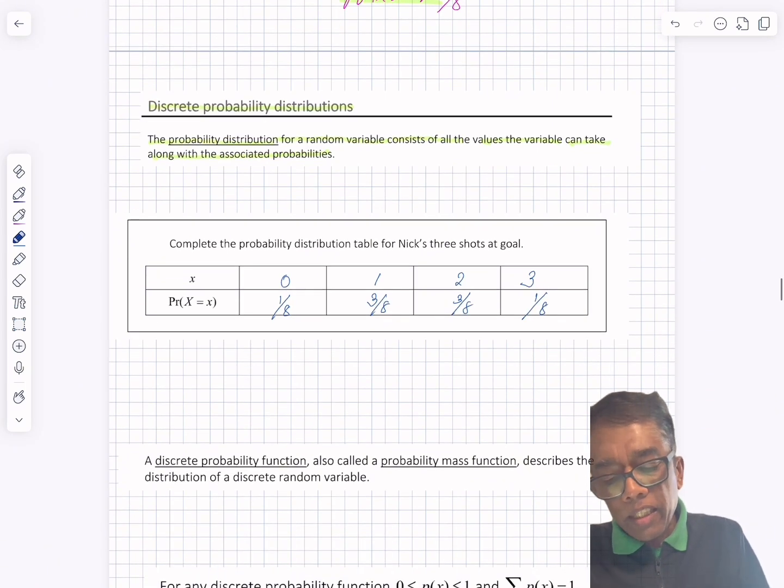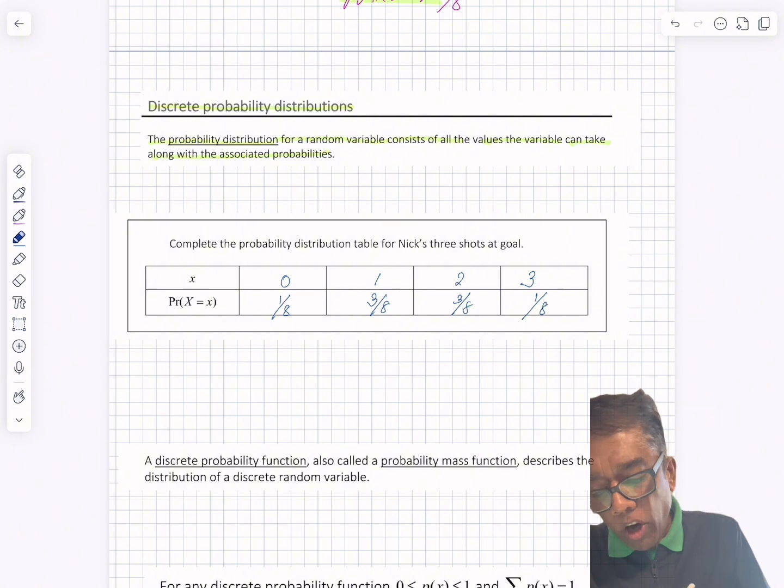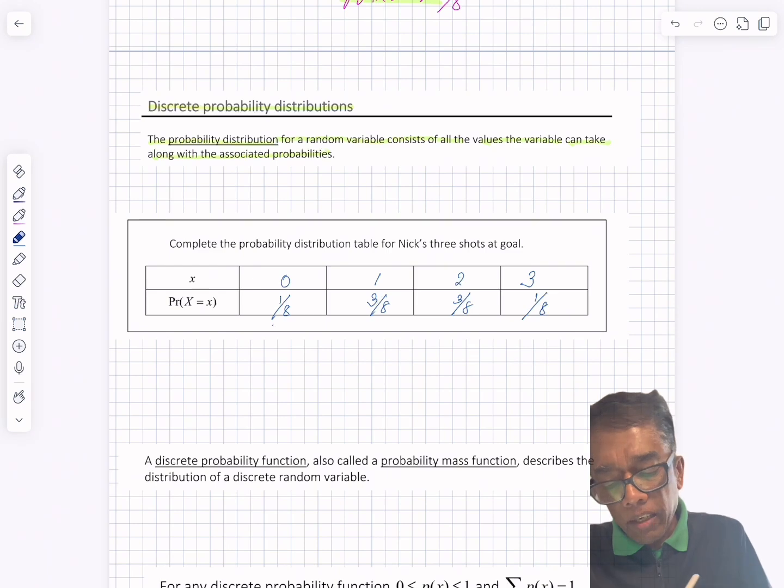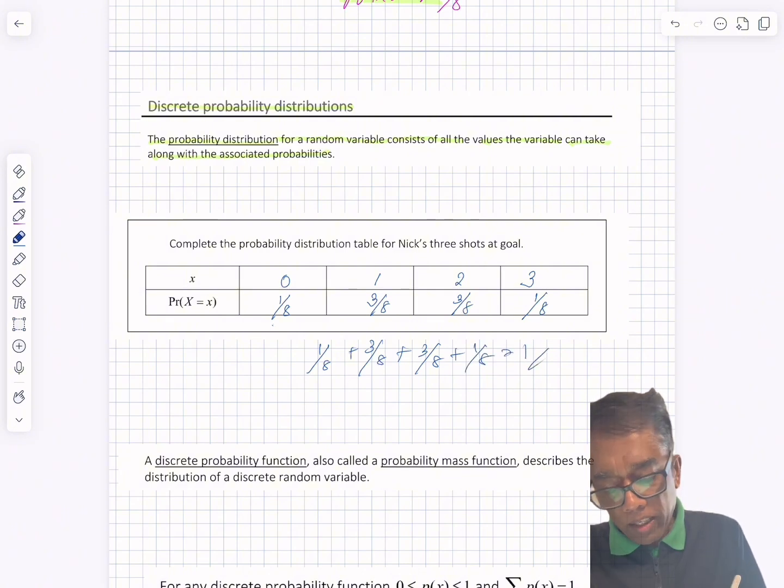This is a probability distribution because if we add all the probabilities, 1 over 8 plus 3 over 8 plus 3 over 8 plus 1 over 8, it is equal to 1.